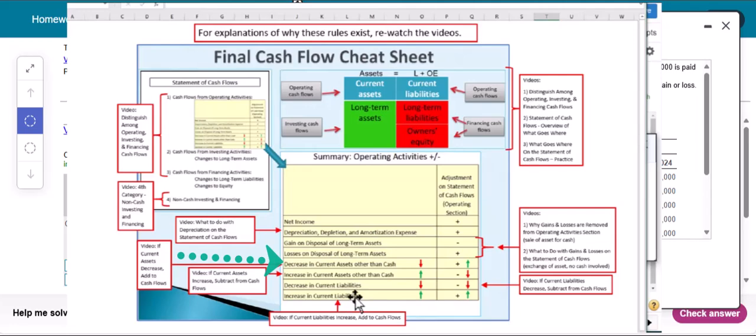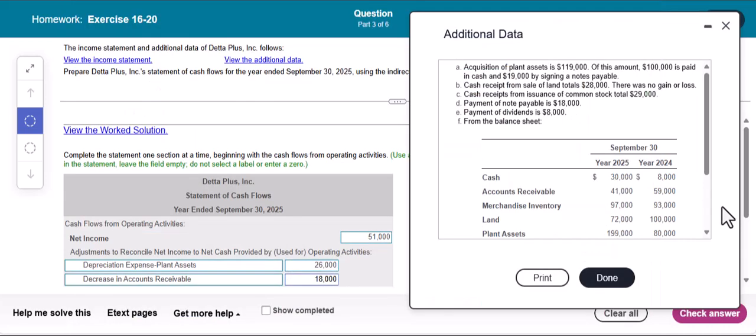You can always double check your cheat sheet if you don't have that memorized, because a decrease in a current asset, you add it in, while an increase in a current asset, you subtract. Next we have inventory, which went from 93,000 to 97,000. That is an increase in inventory.